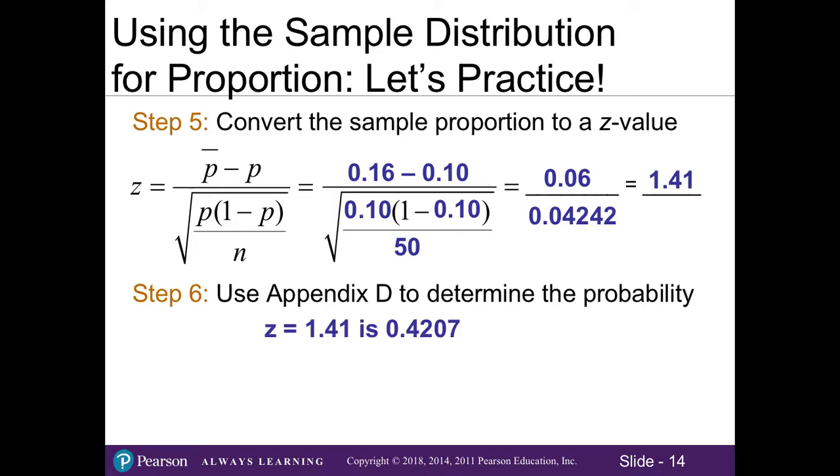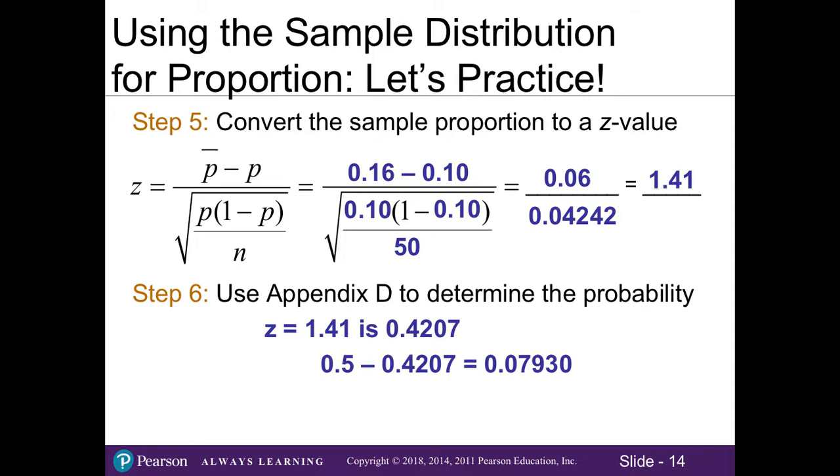So when we go to the appendix and you look up 1.41, you should get 0.4207. But recall, in our curve, we know that the appendix only tells us from the mean out to our z-value, but we're interested in greater than our z-value. So you'll subtract the area that is given to us in our Appendix D, the 0.4207, from 0.5.